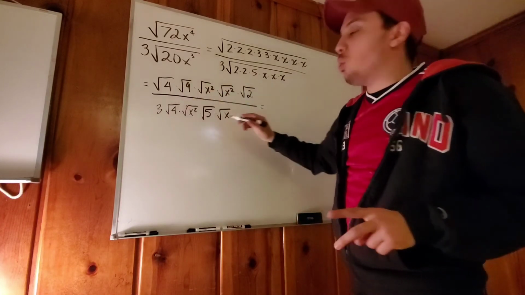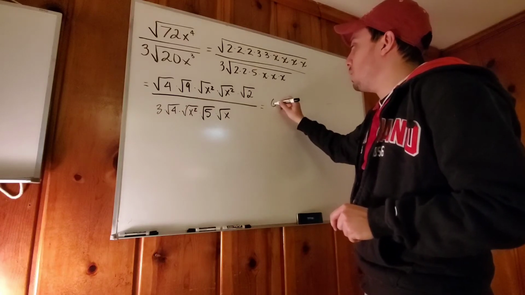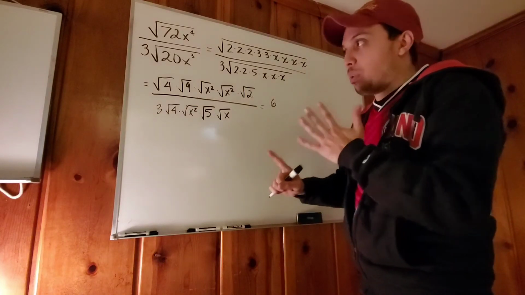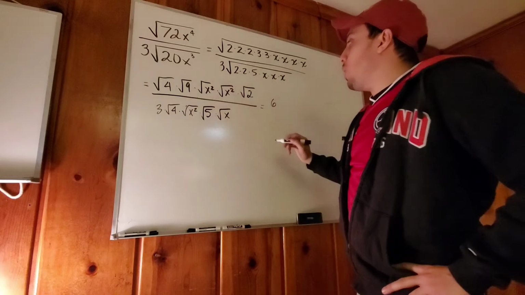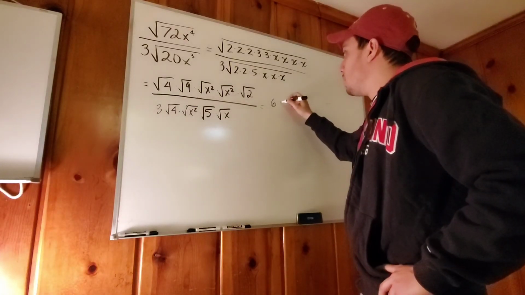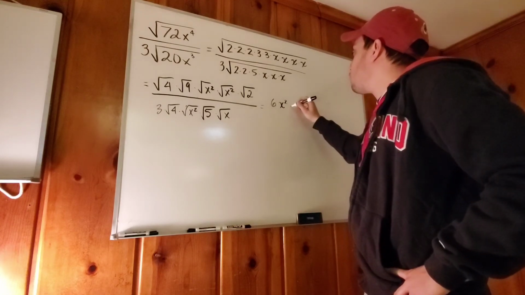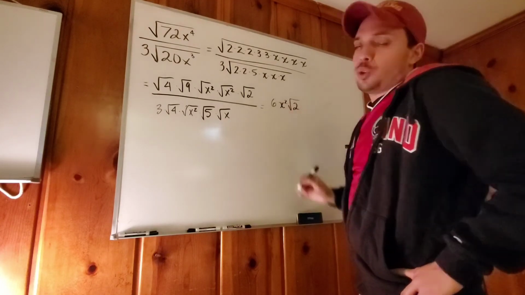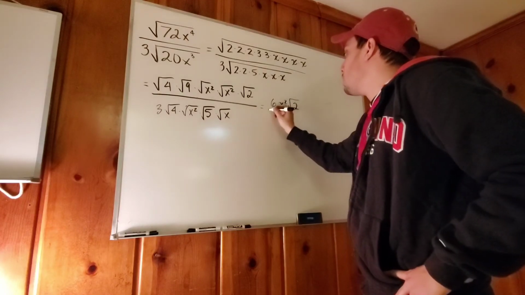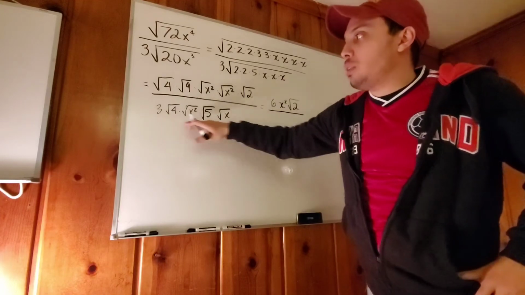So the square root of 4 is 2, the square root of 9 is 3, 2 times 3 is 6, as I had demonstrated with my fingers before. And then x squared is going to be x, and x squared is going to be x, and x times x is going to be x squared. And then all of that over the square root of 2. Not over, but times the square root of 2. Over is going to be here.